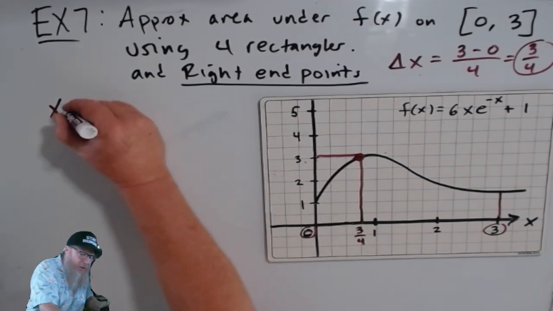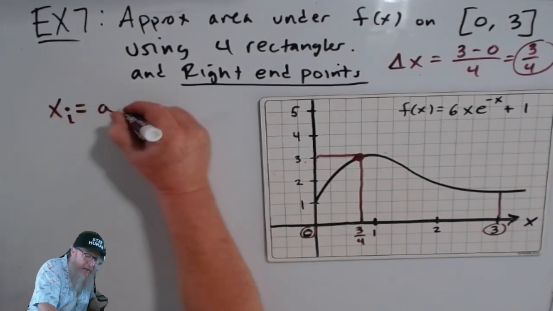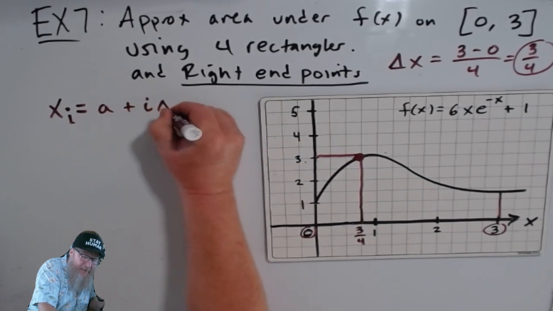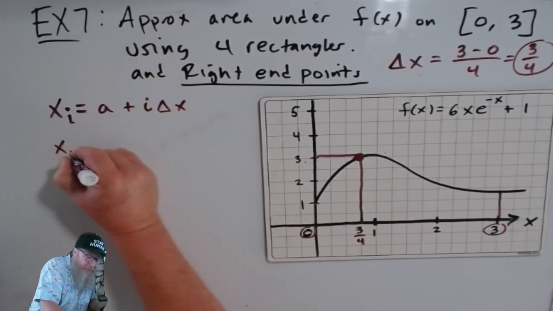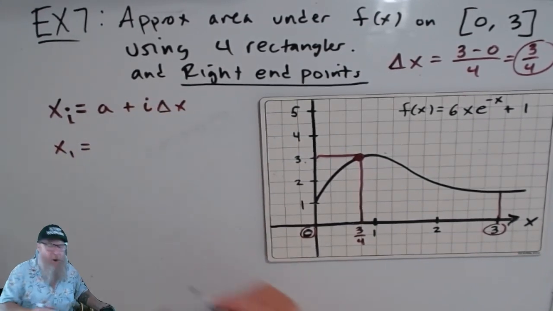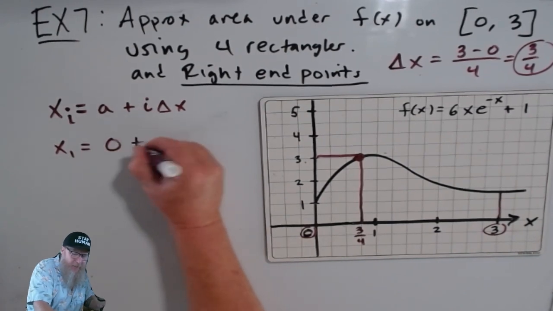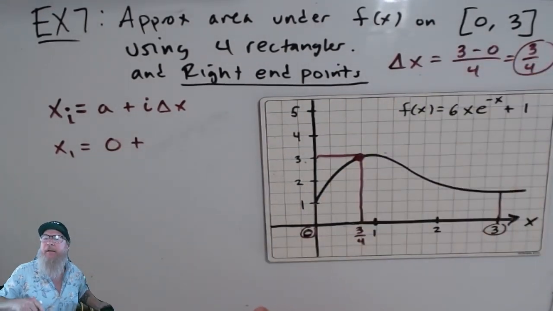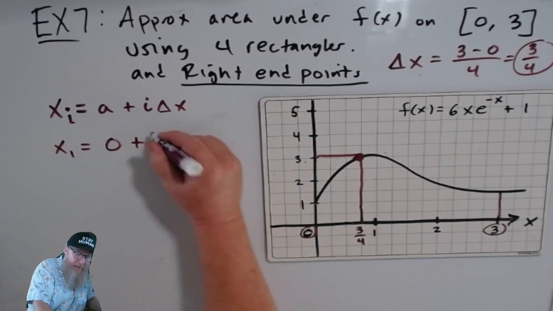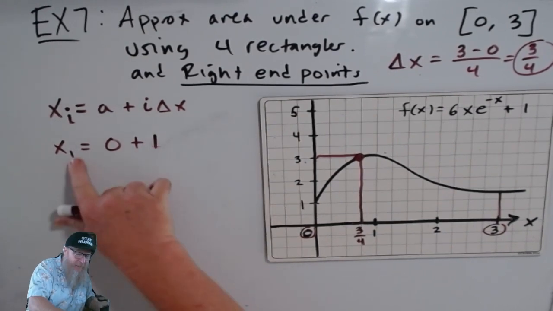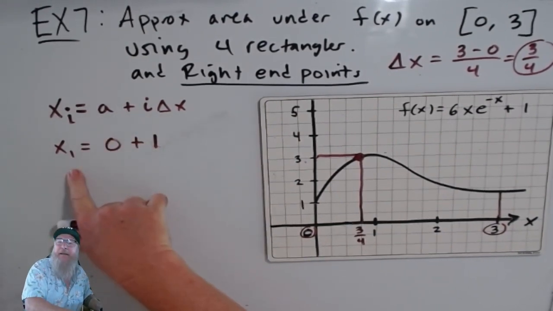But remember, I want to show you the formula. So xi is a plus i delta x. So that means x1 is 0, because a is 0, plus i is 1. The index is just whatever i is.